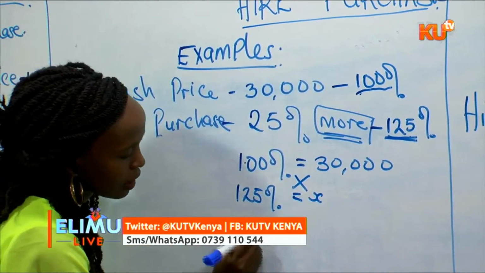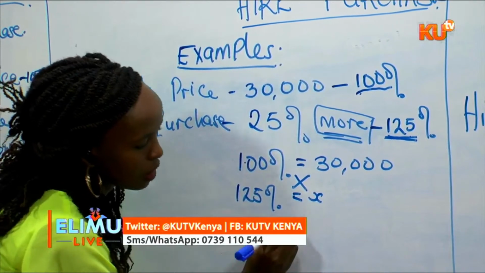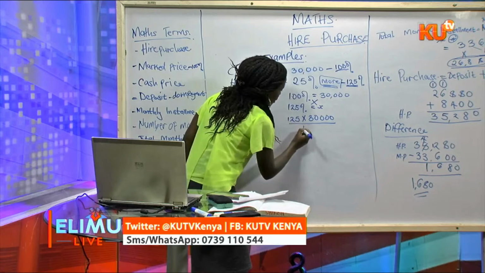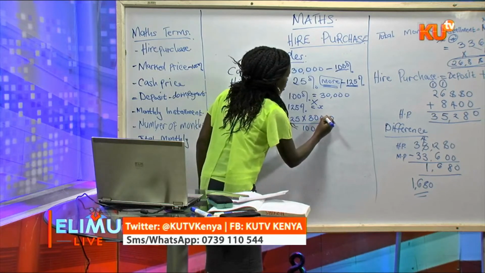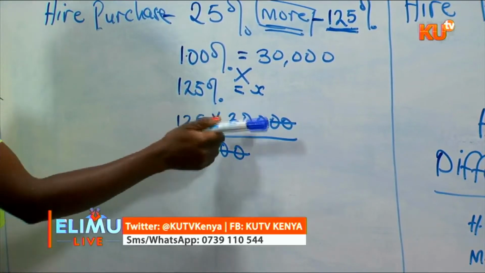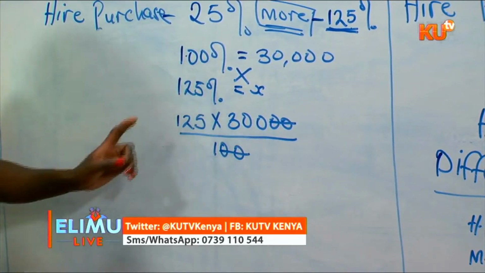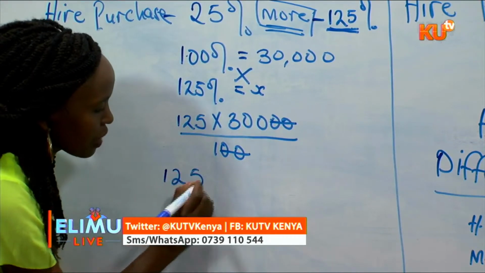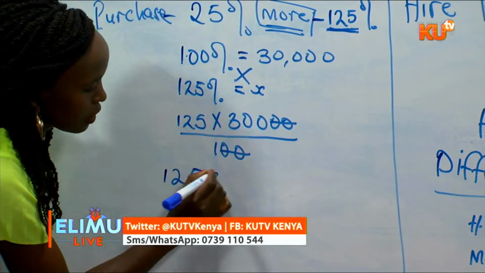It's going to be 125 times 30,000, I divide by 100. So dividing 30,000 by 100, we get 300. So I take 125 times 300.